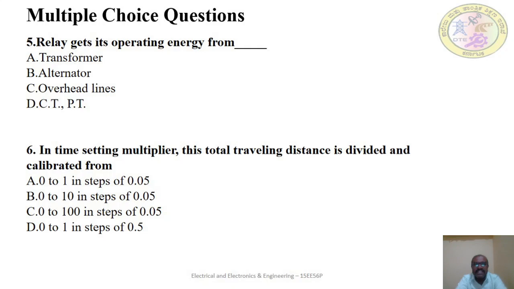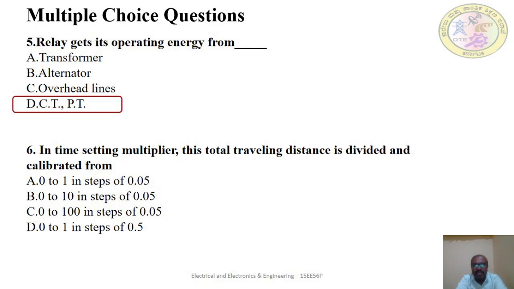Next, relay gets its operation energy from transformer, alternator, overhead lines, CT and PT. The relay will get the information from CTs and PTs, that is from current transformer and potential transformer.